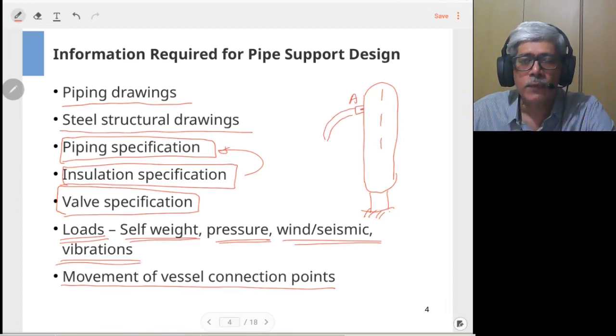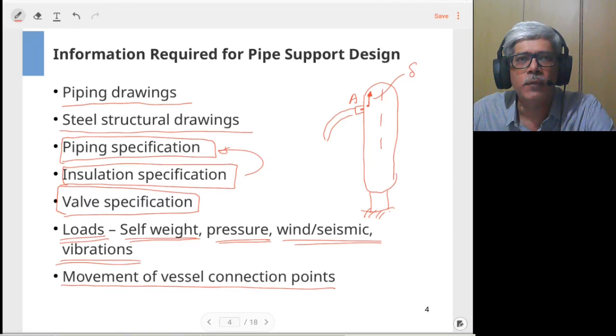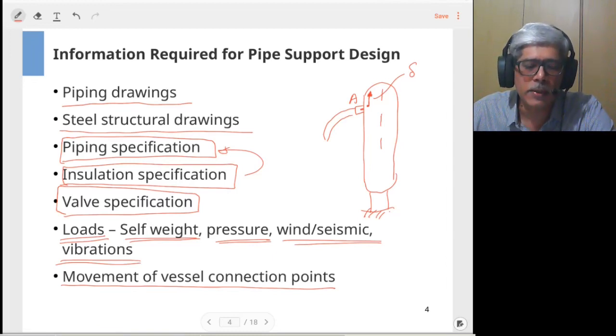Because of the thermal expansion, this point A itself may rise up during the operating condition. So we need to know how much is this deflection delta in all the three directions. The expansion may be oriented in space, so that we need to know. This is the basic information one would require in order to proceed with the piping support design.